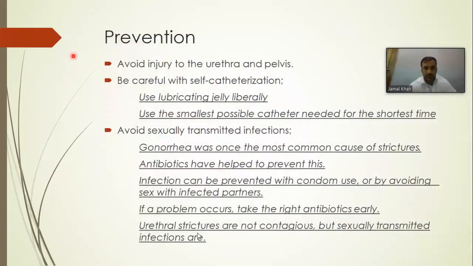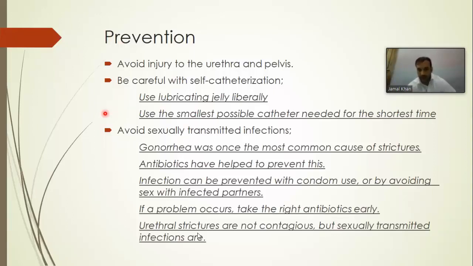Prevention. Prevention of urethral stricture: avoid injury to the urethra and pelvis. Be careful with self-catheterization. Use lubricant liberally. Use the smallest possible catheter for the shortest span. Avoid sexually transmitted infection.